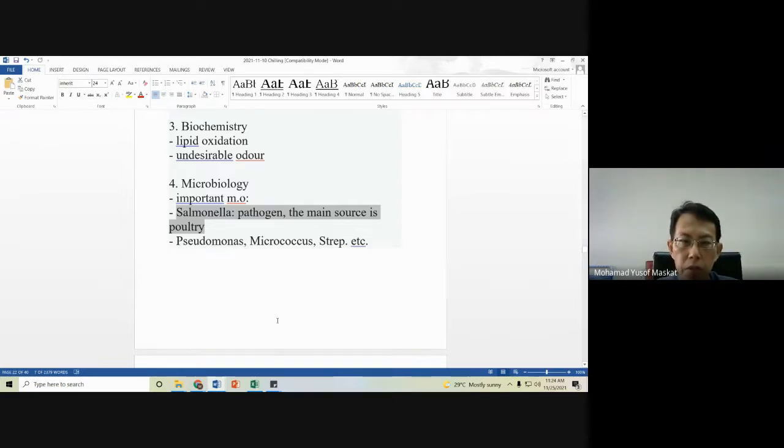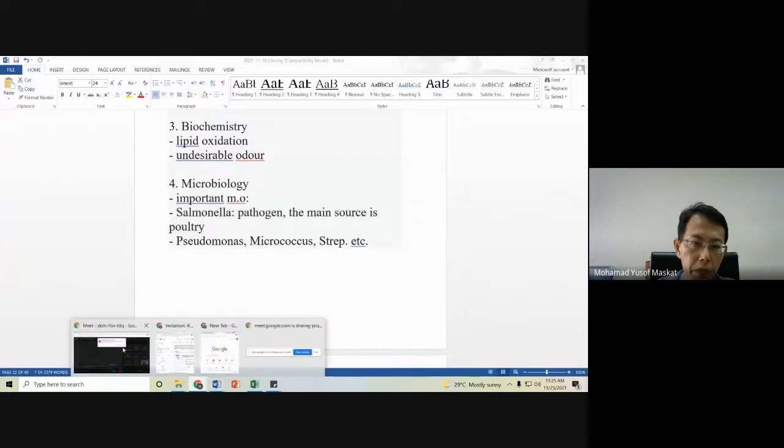As food scientists, when asked what type of microbes is common in poultry, then Salmonella has to come automatically into your mind, because it is very connected to poultry.